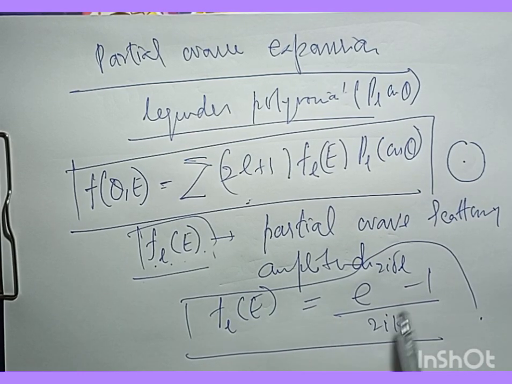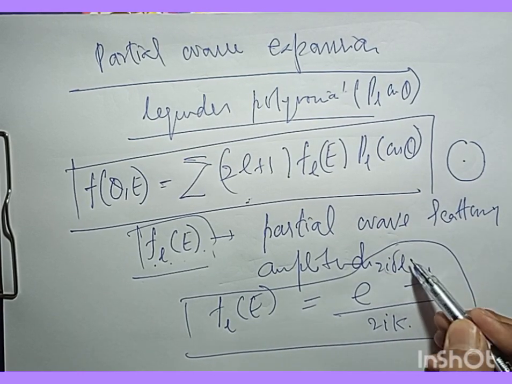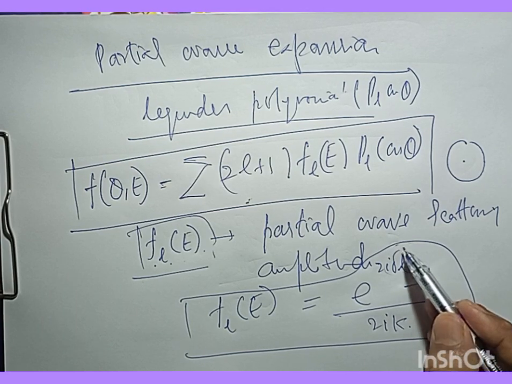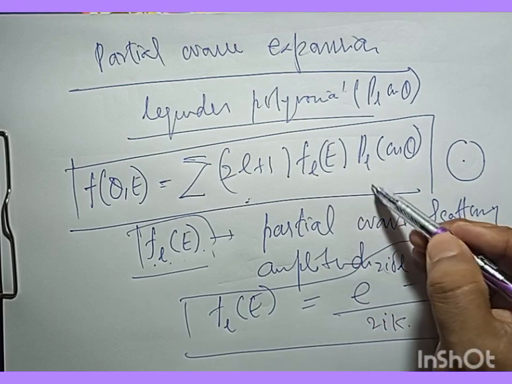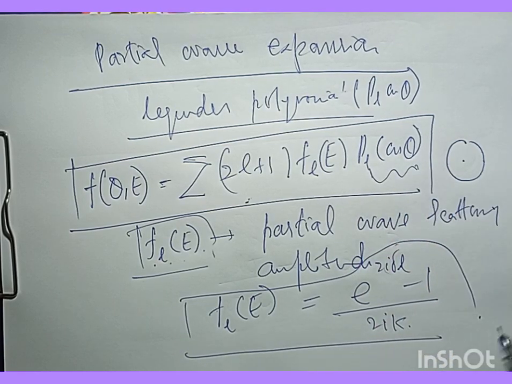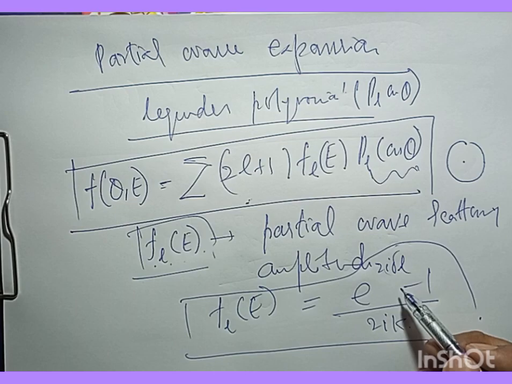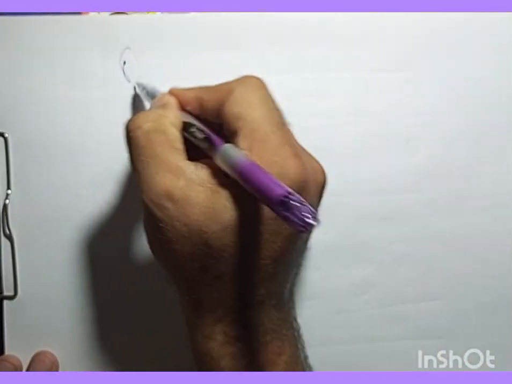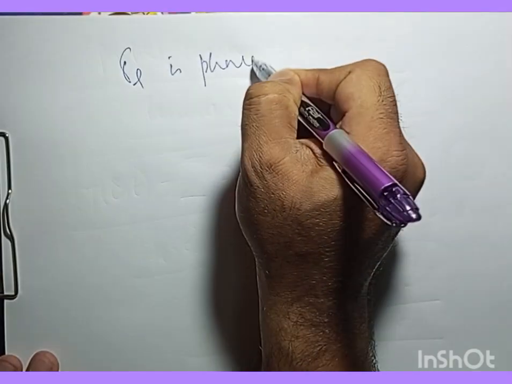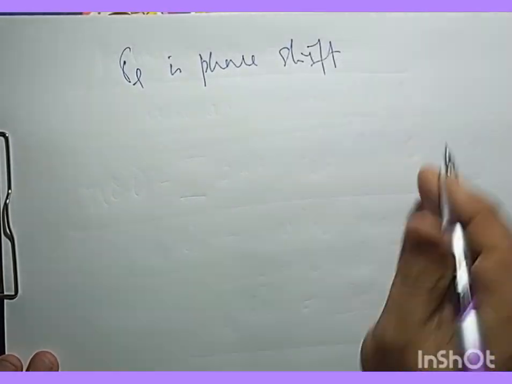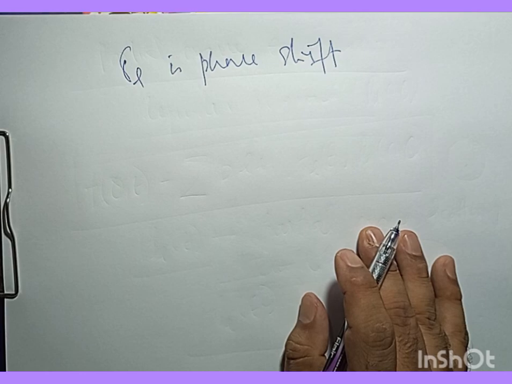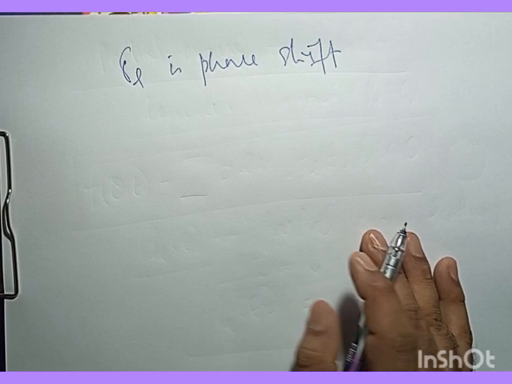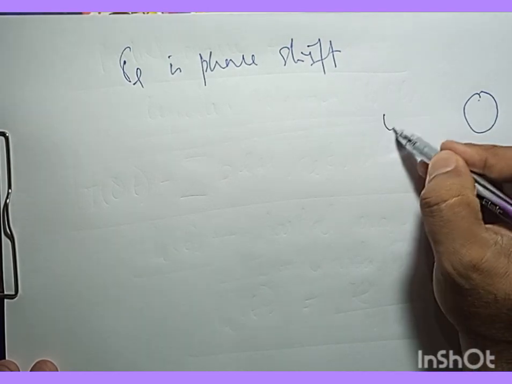Now, the phase shift here is delta_L. What does it do basically? It describes how much the wave function is modified once there is an interaction. It gives us the measure of that. This delta_L is the phase shift, and it gives us the measure of how much there is modification in the wave function due to the scattering potential.